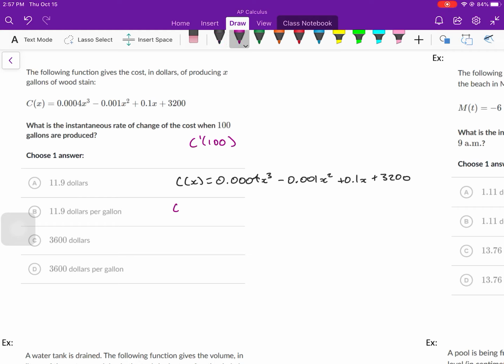So when we take the derivative, which is going to be C prime of x, we're going to get 0.0012x squared minus 0.002x plus 0.1. And we want C prime of 100. So let's plug in the 100.